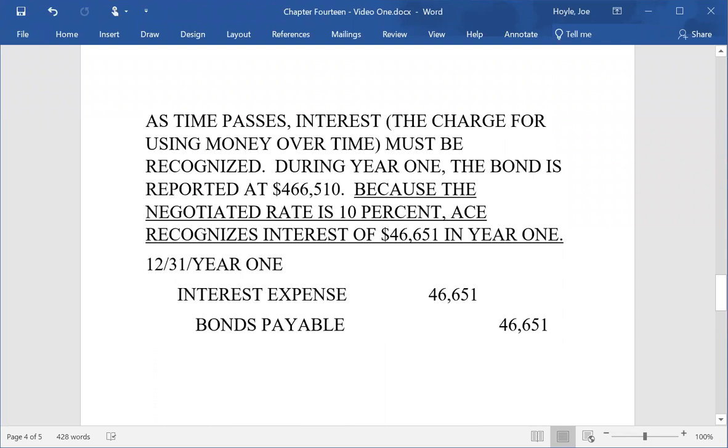So here's what I always tell my students about the recording of interest in a zero coupon bond. Time passes. Every day there's a new day. Interest, and remember, we've talked about this before, is the charge for using money over time. So as time passes, you need to recognize the appropriate amount of interest.